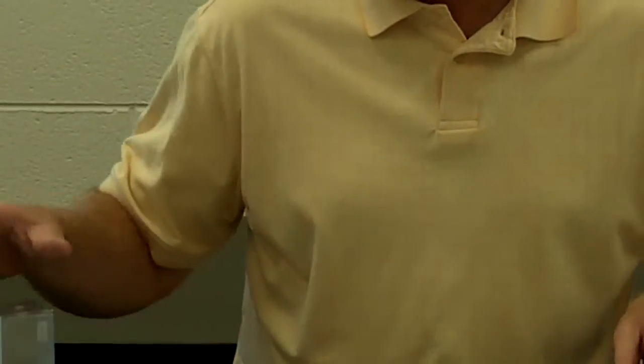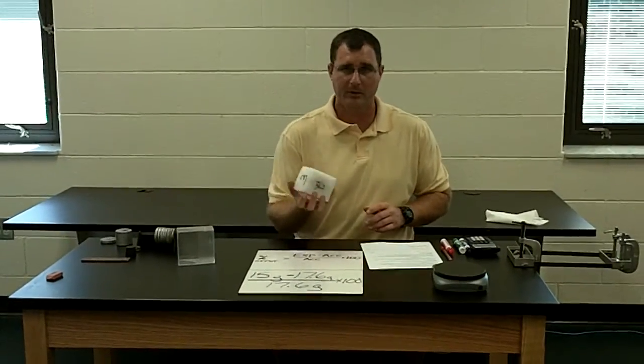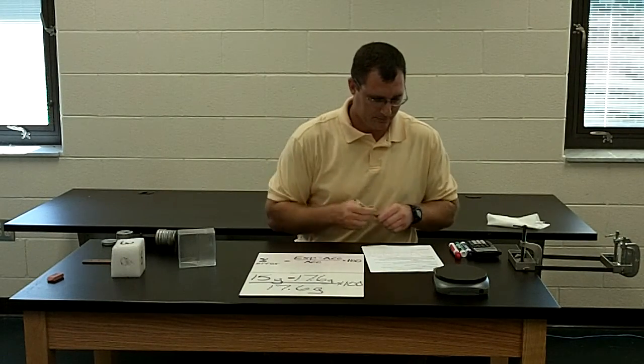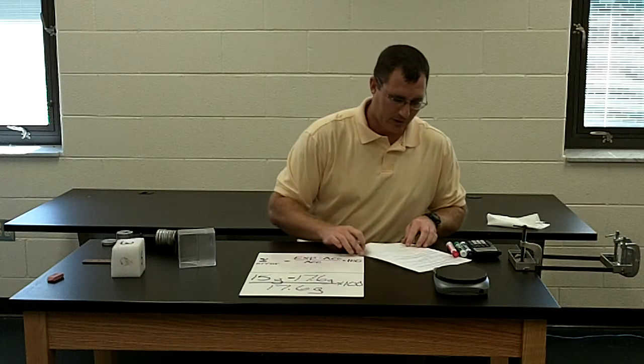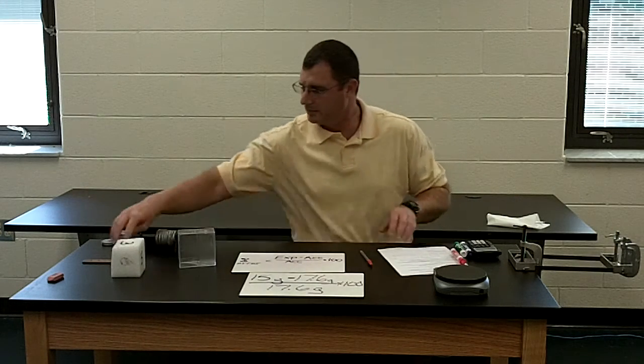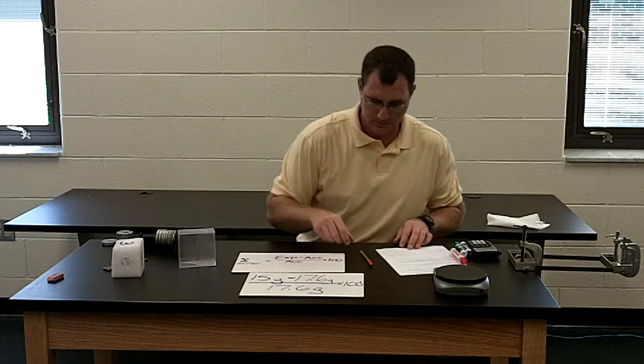Okay, so now the first thing I'm going to pick up is the foam cube. I feel the foam cube, I'll shake it around a little bit, and I think that weighs about 30 grams. So I write that down. Now the brass bar, I'm going to pick it up and shake it around a little bit, and I think that weighs about 150 grams.